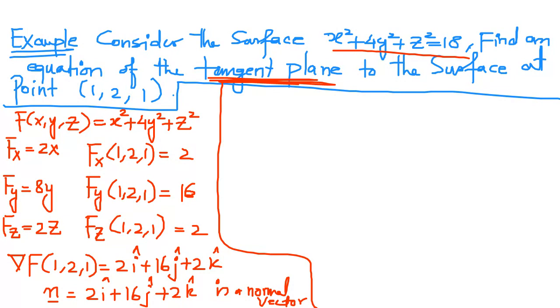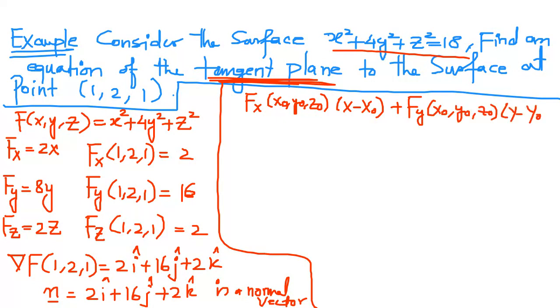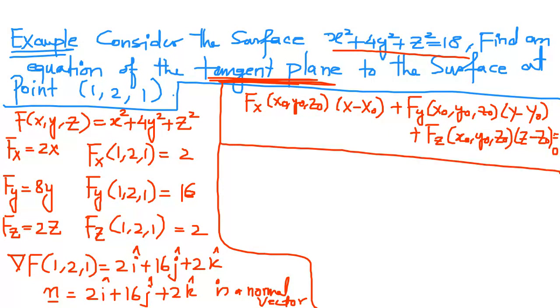So what is the formula? The formula for the equation of a tangent plane is the partial derivative with respect to x at point x naught, y naught and z naught, times x minus x naught, plus the partial derivative with respect to y at x naught, y naught and z naught, times y minus y naught, plus the partial derivative with respect to z at x naught, y naught and z naught, times z minus z naught, is equal to 0. Okay, so substitute the point.